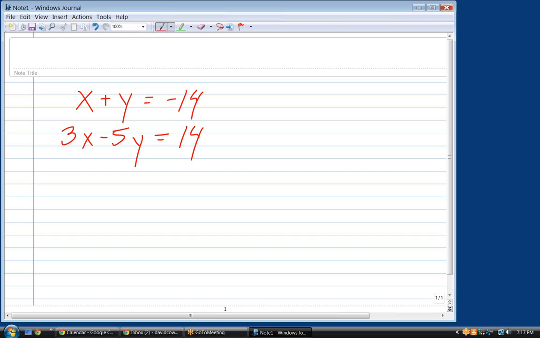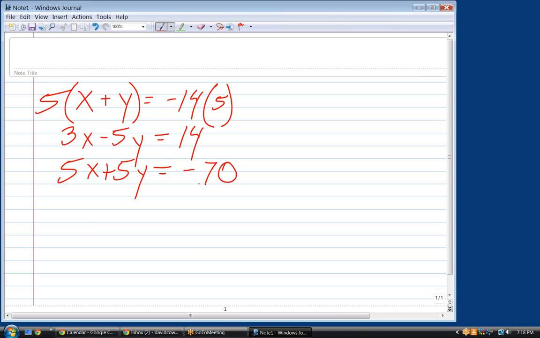So what would I do? Could you times... I don't know, so it's like positive 5y. Okay. So you're saying multiply both sides of equation number 1 by 5, which gives me 5x plus 5y equals minus 70.